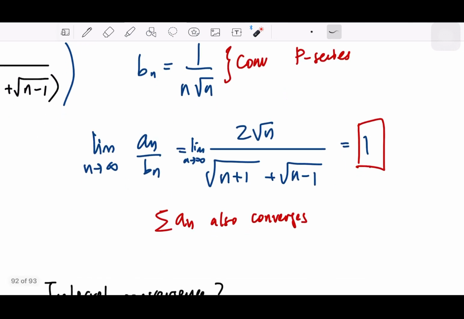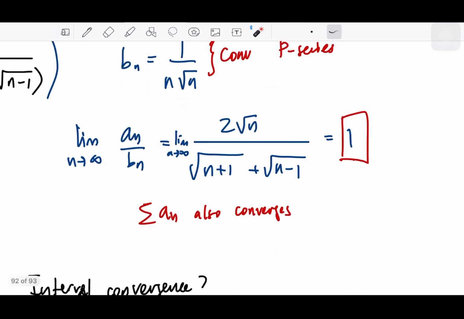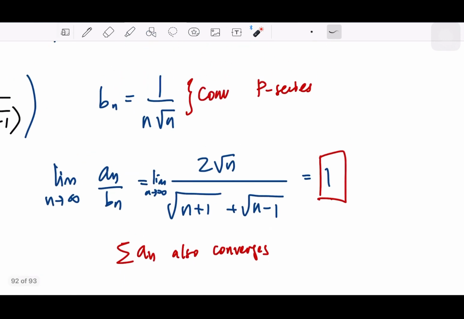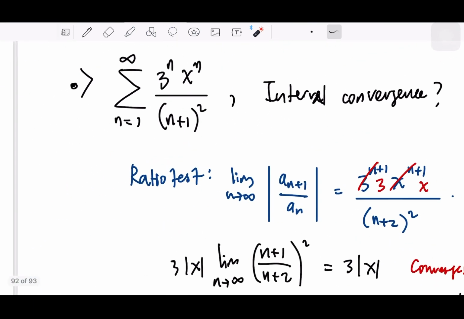Okay, and we get that this is a positive number, which means if the reference converges, then this converges. If the reference diverges, then this also diverges, if you get a positive number.